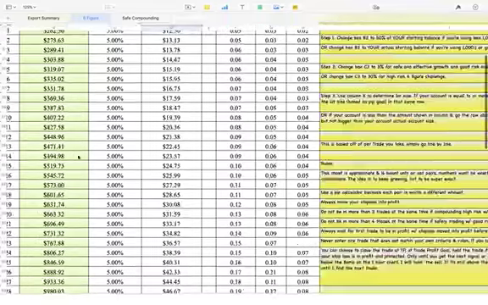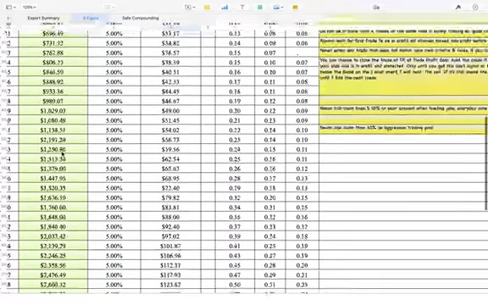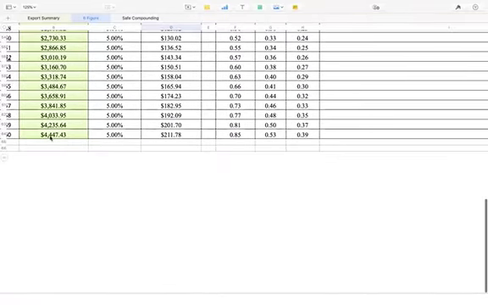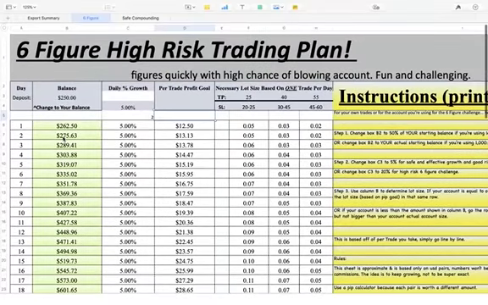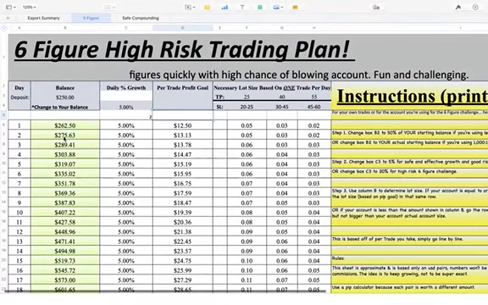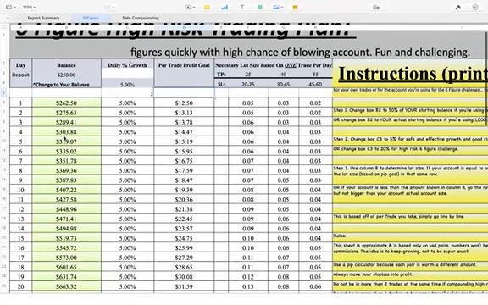And what started out as $250 is now $4,447. I don't know how much 1,000% growth that is, so if somebody who's good with math can do that. But guys, as you can see, this is exponential. And how many setups do we see now that we can take?